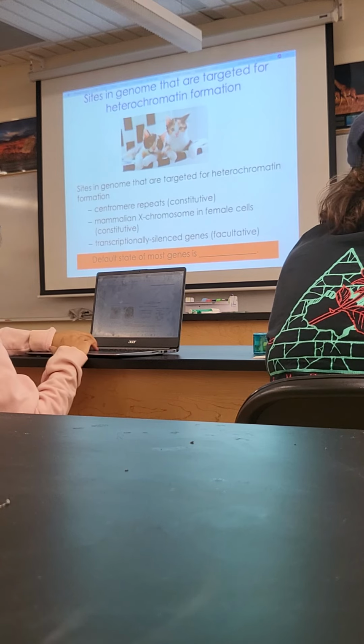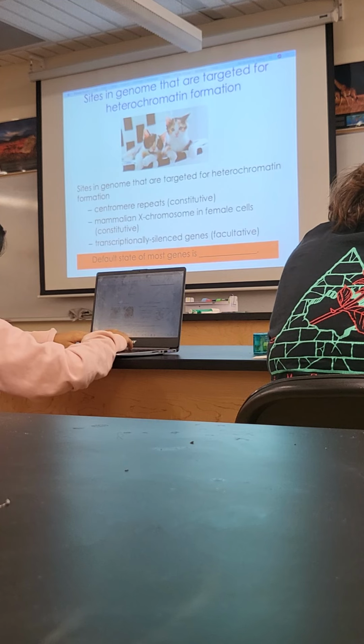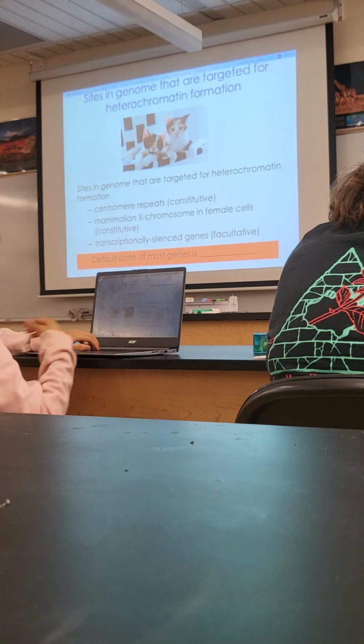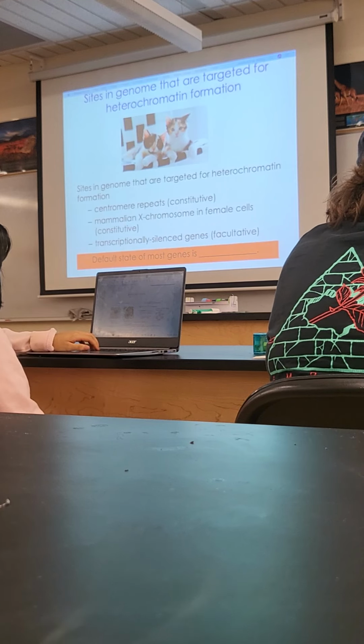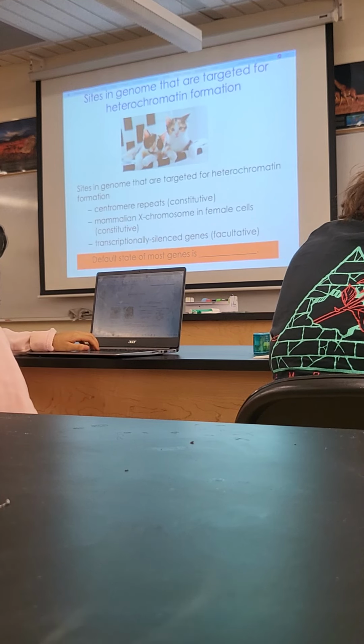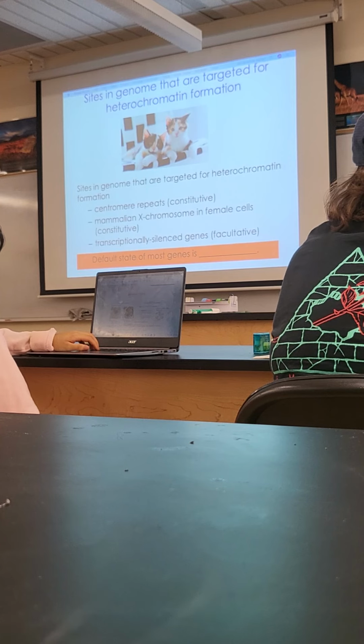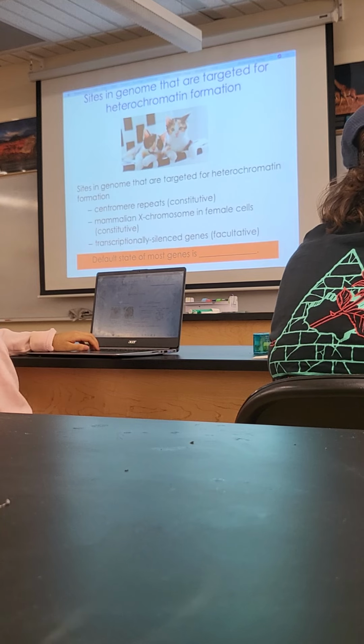Each strand has its own centromere. If this is one strand of DNA and this is another strand, here there are two centromeres. They usually are found in the middle, but in certain chromosomes they can be shifted, though it's generally found at the center part of the chromosome.